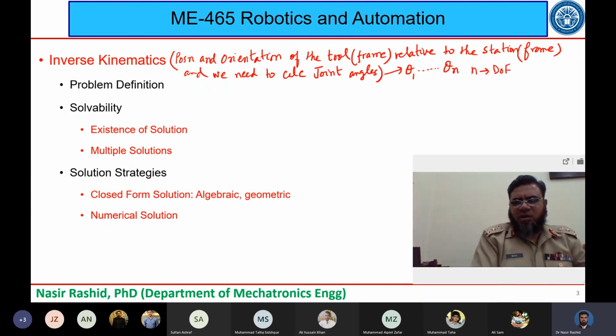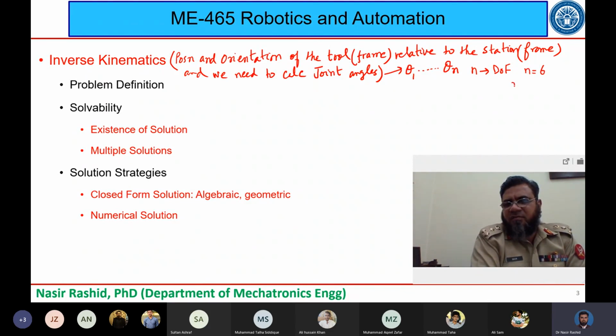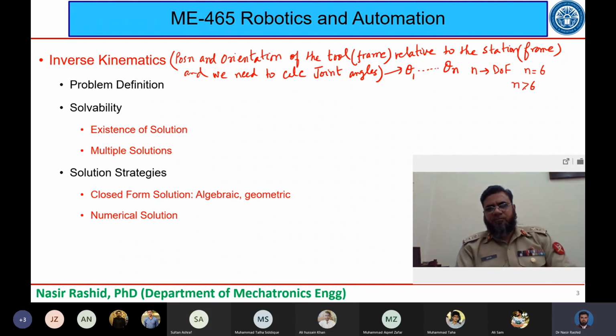We have also discussed earlier that if we want to define some orientation and position in space, we want n equal to 6. And if we have n greater than 6, what type of manipulator is it called?